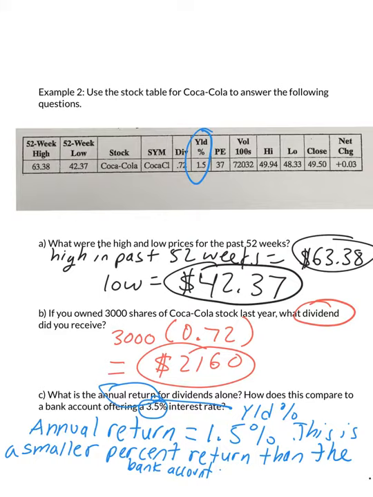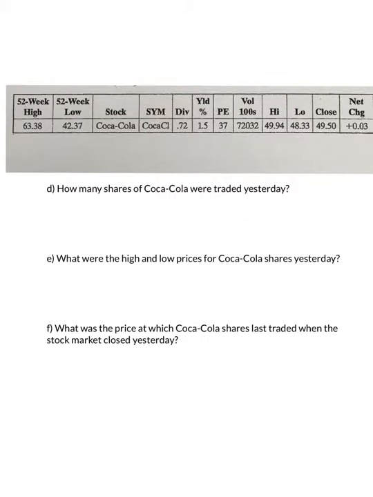Final answer. We are still on the same question. I reinserted the same exact picture of the Coca-Cola stock on the top of your screen. So now we're on part D, which says how many shares of Coca-Cola were traded yesterday. So we are going to look up, whenever it says how many shares, this is the volume in 100s column, which is right here.